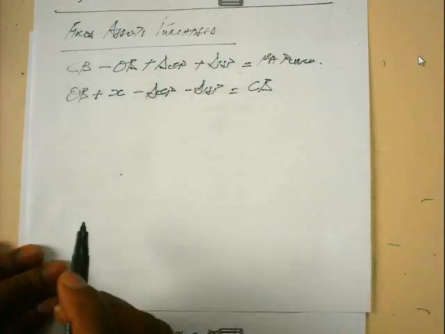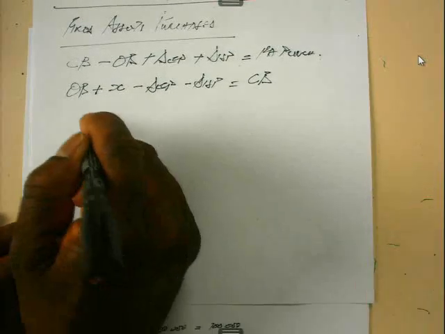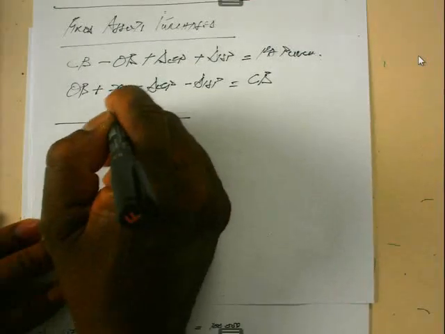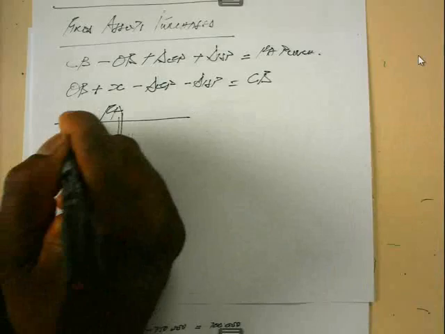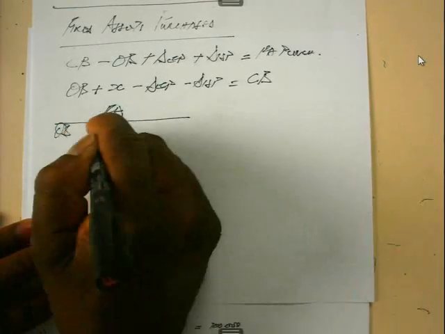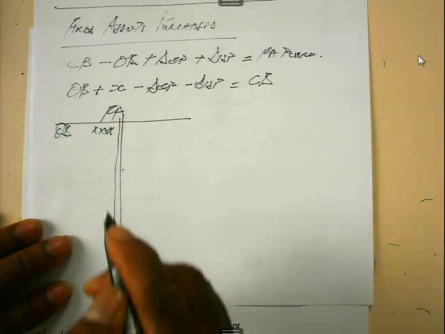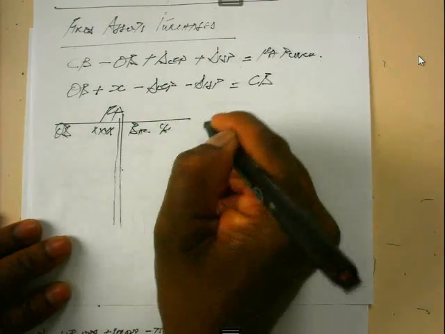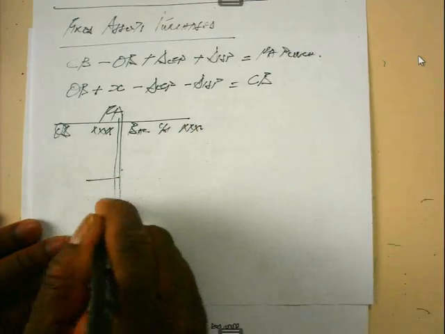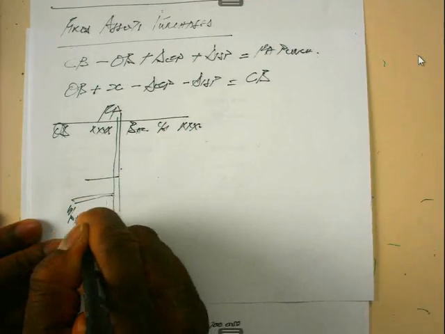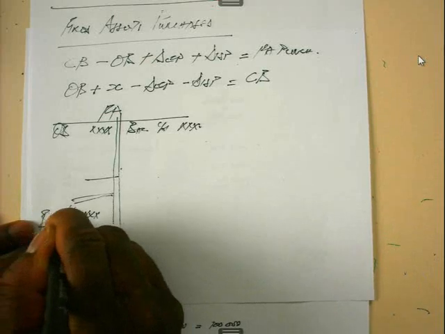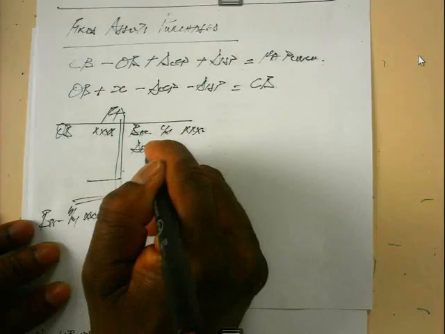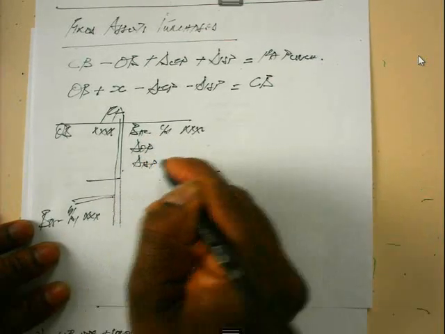If you're not sure about this, we also advise that you draw some kind of a T account, where you'll have your opening balance this side, and you'll have your closing balance as a carry down here. Of course, it's a brought down on this side. And you have your depreciation, you have your disposals.